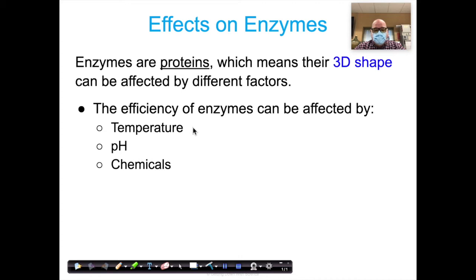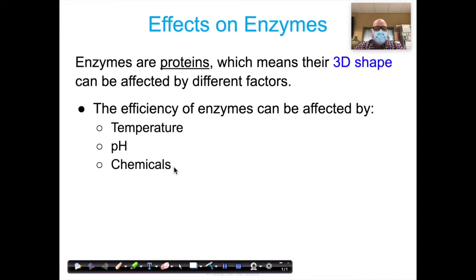As you know, particles move faster as temperature increases, so the enzyme can start shaking so much that its efficiency is affected. Extreme pHs can tear enzymes apart and bond with things that would decrease the effectiveness of the enzyme.